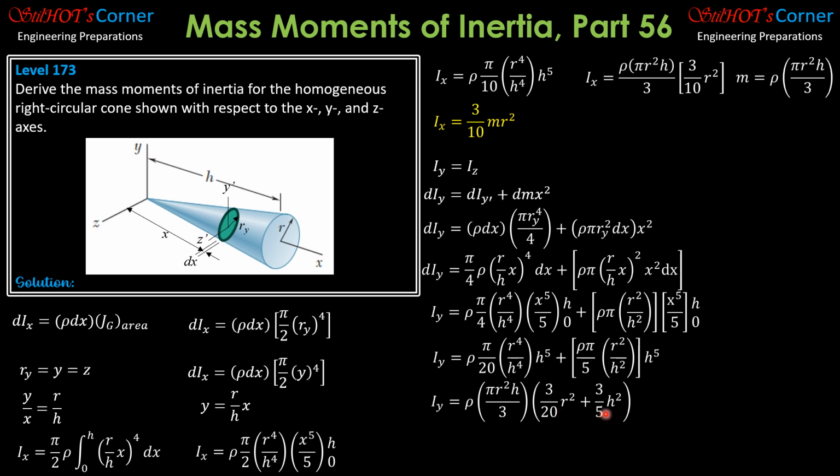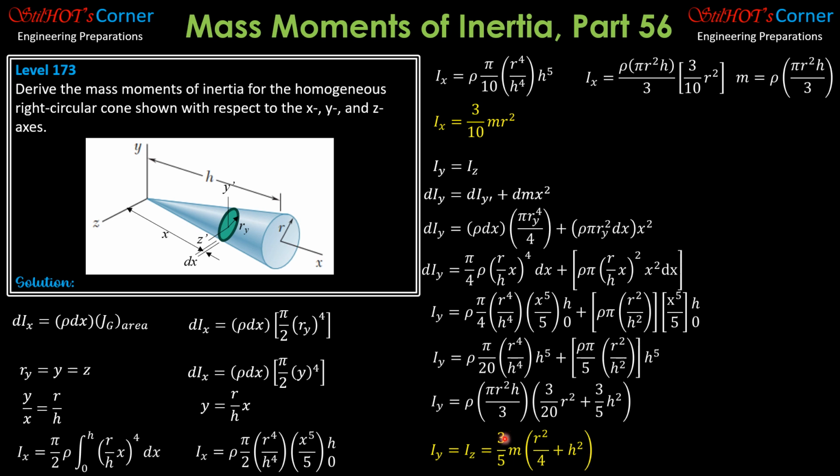Then 3/5 is common to these coefficients inside this parenthesis. And take note that this is the mass. So factoring out 3/5, Iz equals Iy equals 3/5 of mass times (r square over 4 plus h square). So that's it.